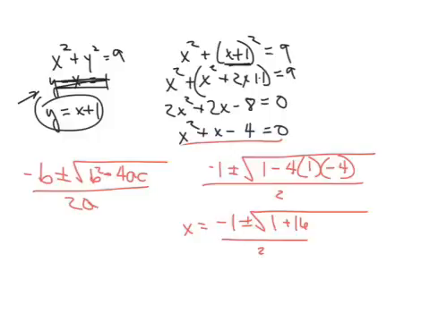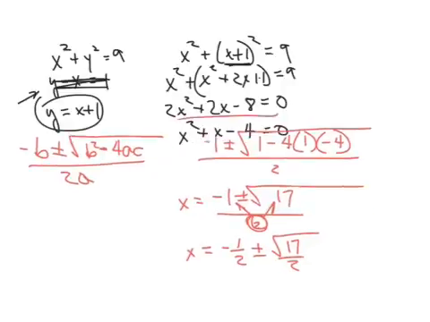Or let's just make this a 17. And then to get it in the right format, we split this 2 among this and among here. So x is -1/2 plus or minus square root of 17 over 2. So see how I took that 2 and split it up there. And that ends up being my x value.